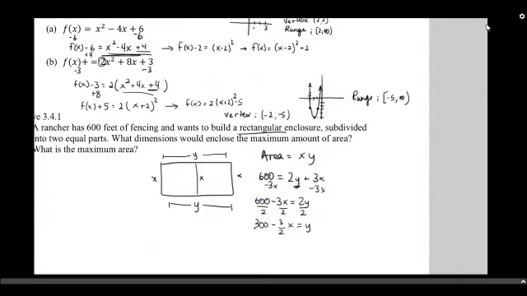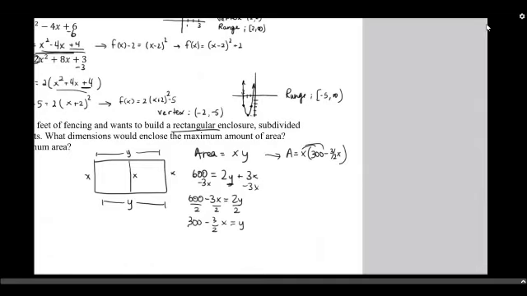So the trick now is to take this expression and plug it in there for that y. So that area has a new formula now. Instead of area being x times y, area equals x times the substitution for y, which is 300 minus 3/2 x.